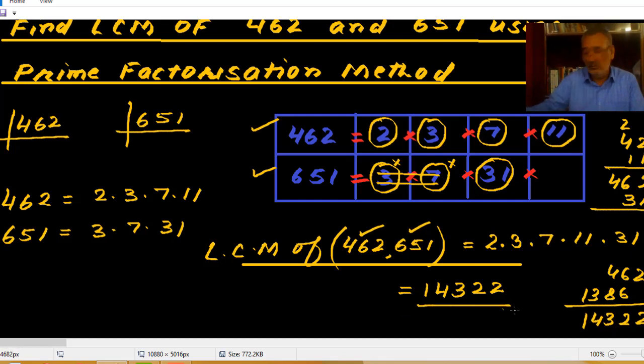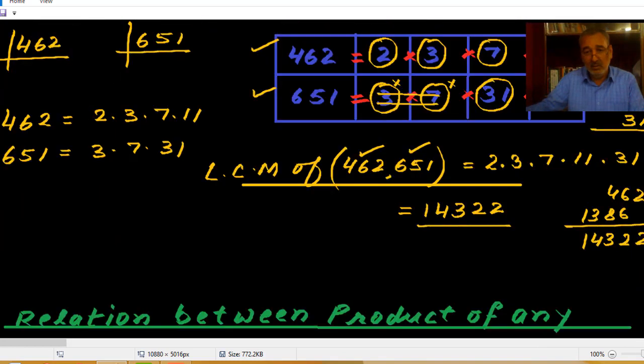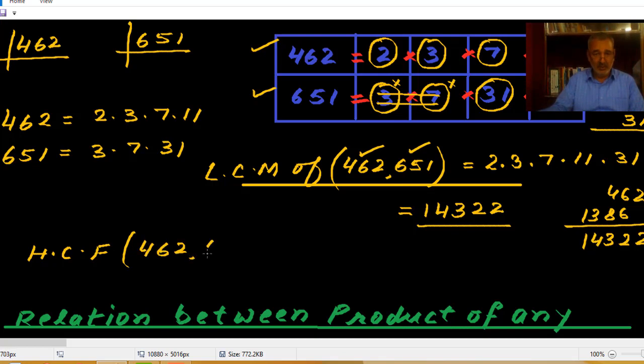Yes. And we have found out about HCF. What was HCF of these two numbers? HCF of 462, 651 means HCF of these two numbers is 21. And what is LCM of these two numbers?